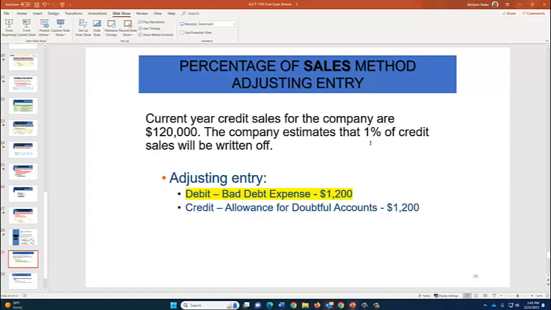We're going to take a percentage of the sales and enter it into the adjusting entry. So 120,000 times 1% is 1,200. So we're estimating our bad debt expense at 1,200. So we debit bad debt expense 1,200 and credit allowance for doubtful accounts 1,200.